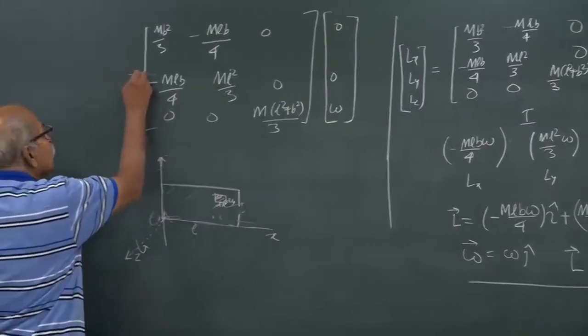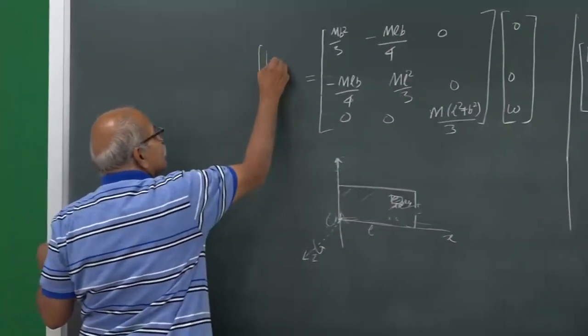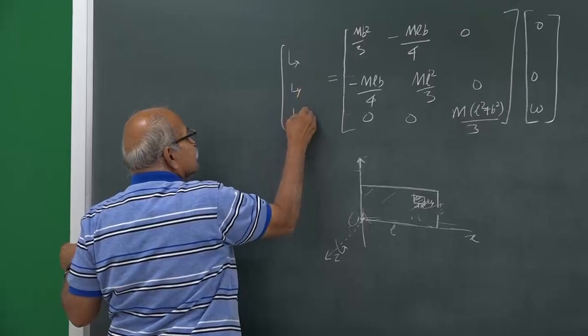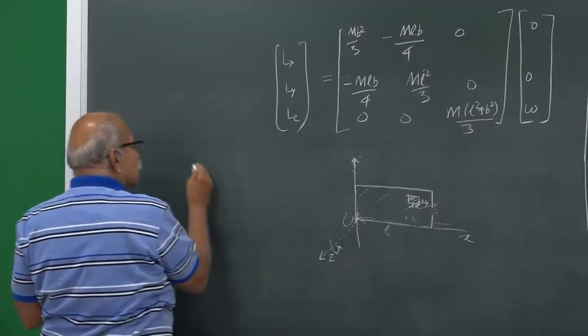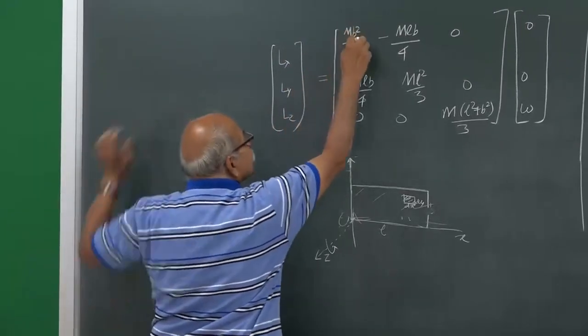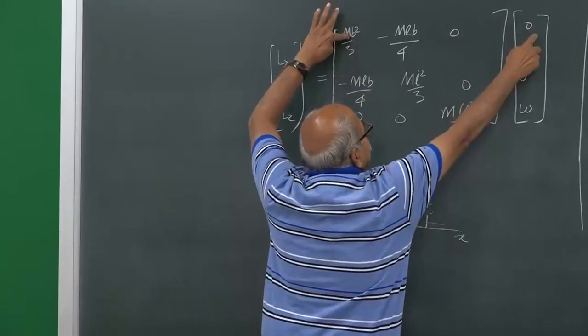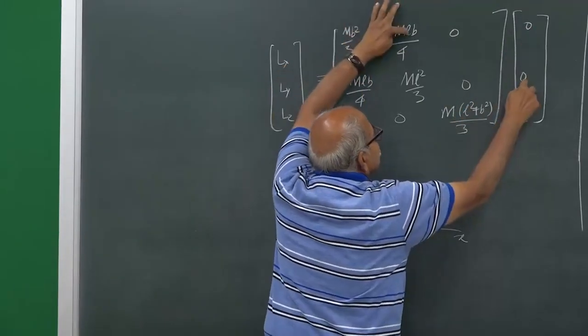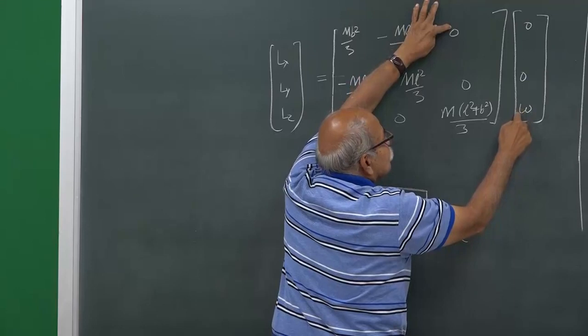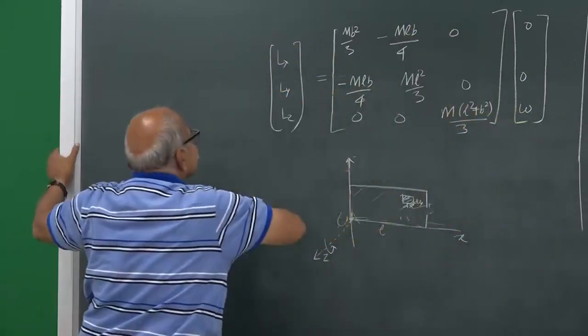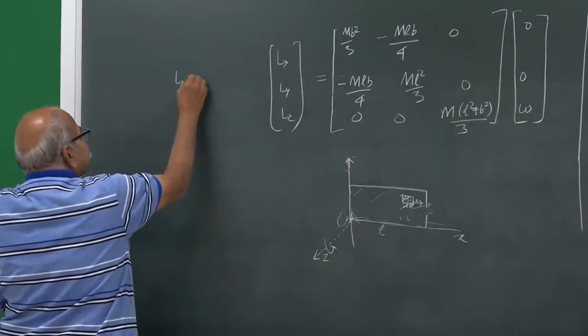So, see how much is this Lx, Ly, Lz. What is the x component? What is Lx? Lx is this into this 0, this into this 0, this into this 0. So, Lx is 0.